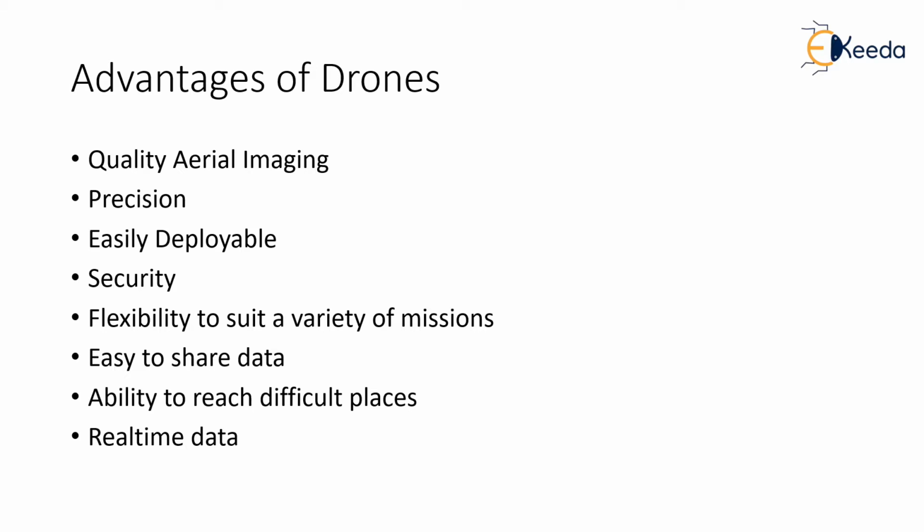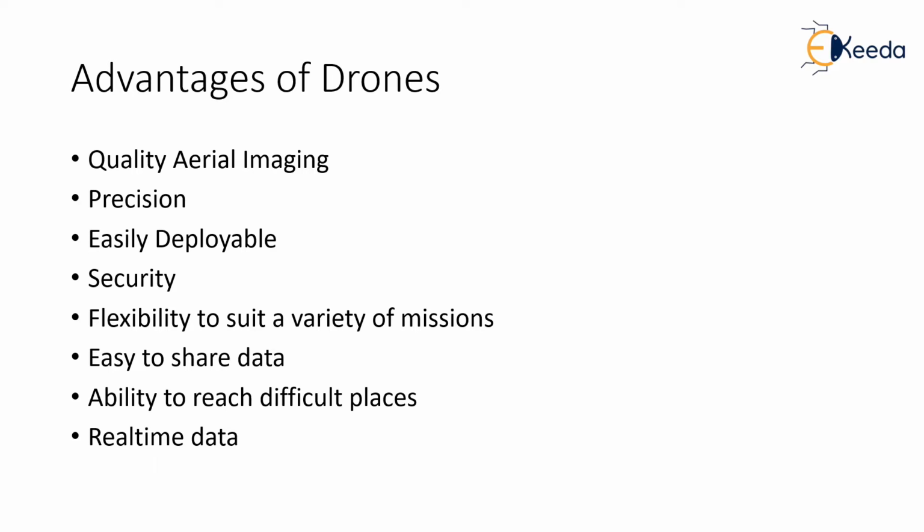Real time data. One of the biggest advantages of drones is the real-time data provided by these drones on the ground station. Due to the real-time data, it is easy to assess the situation from an aerial view and take immediate decisions or action.